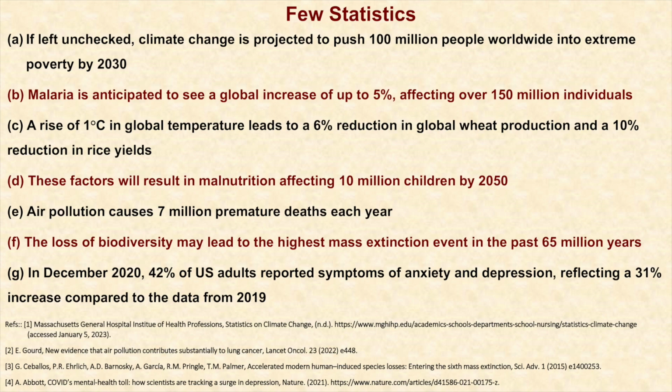In December 2020, 42% of US adults reported symptoms of anxiety and depression, a 31% increase compared to the data of 2019. I think it is one of the after-effects of COVID. Comparing 2019 and 2020, there is a 30% increase in symptoms of anxiety and depression.